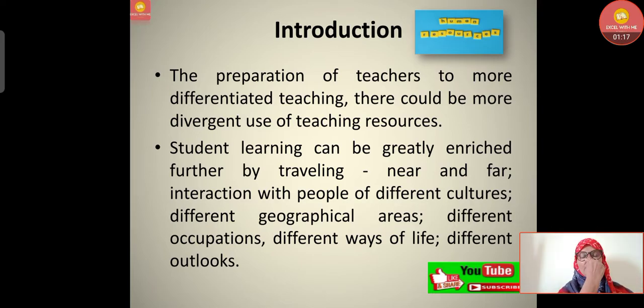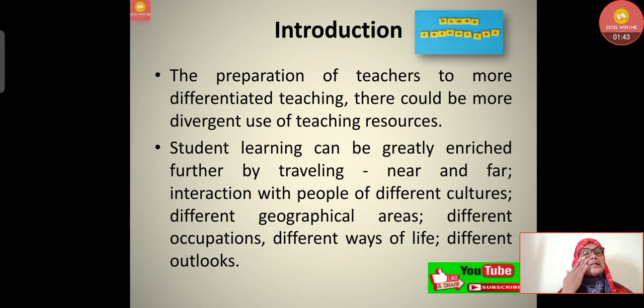In previous classes, we have understood the different people we can bring to the school so that they understand what those professions are, and we can take the students outside to make them understand different situations and learn how they can react to real life situations.